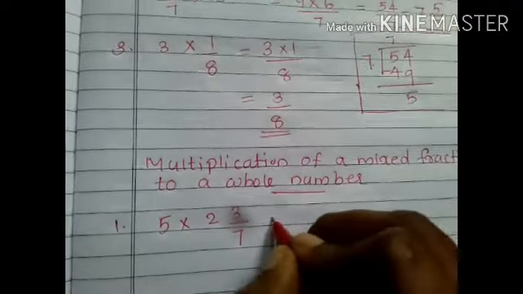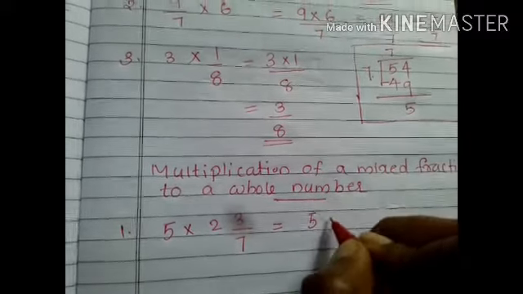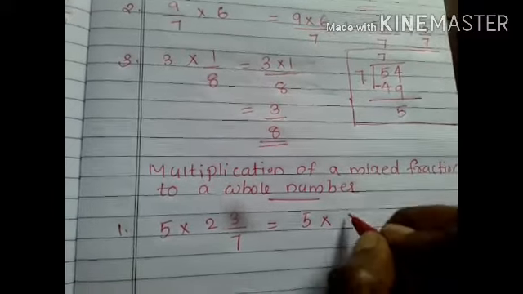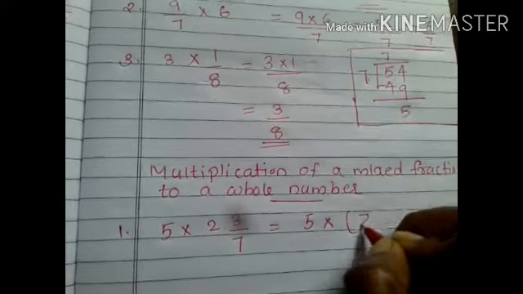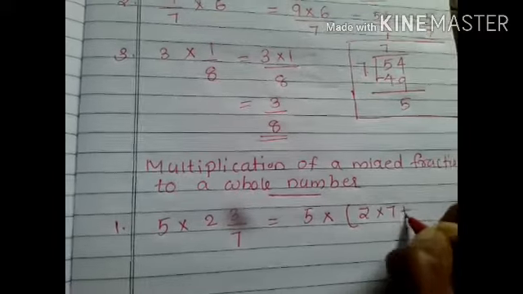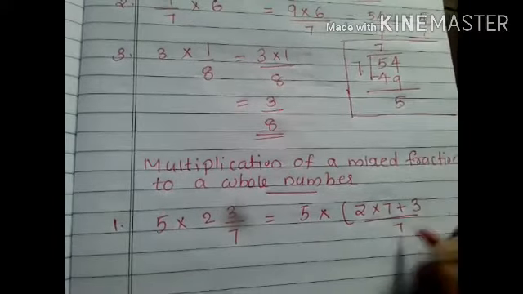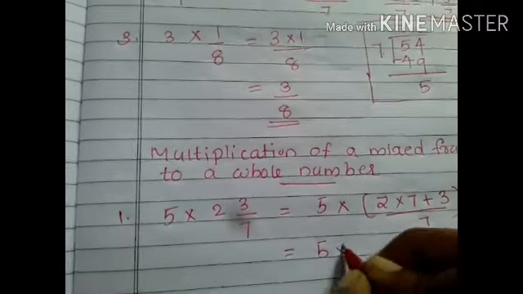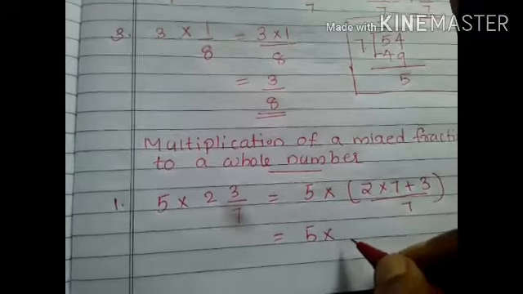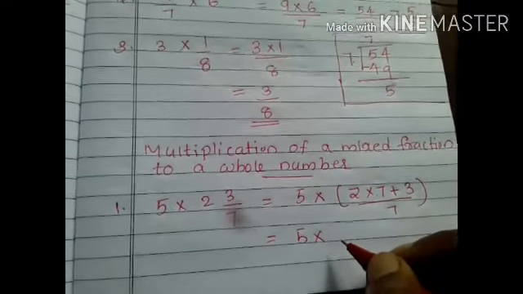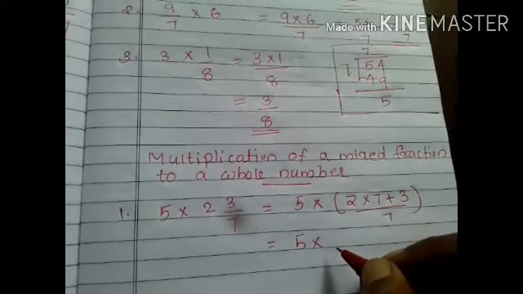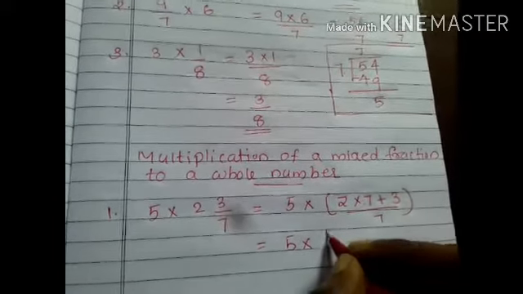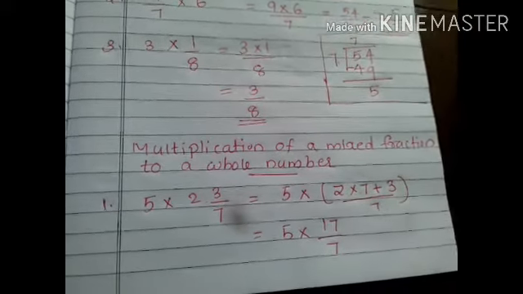So, how to solve this? 5 into 2 into 7 plus 3 divided by 7. So 5 into 2 into 7 plus 3. 2 into 7, 14. 14 plus 3 is 17 by 7.